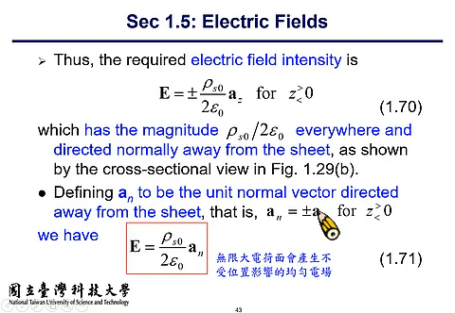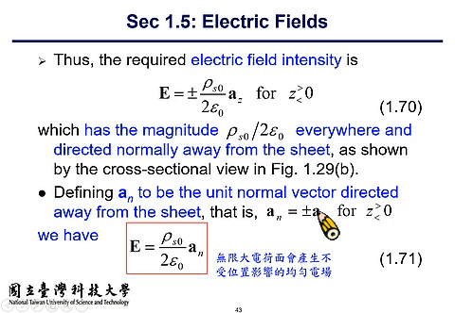All right. So here is the more formal expression for the solution of infinitely large charged surfaces. You can replace this with a_N, that is the normal direction of the surface, depending on whether you are above or below the surface.